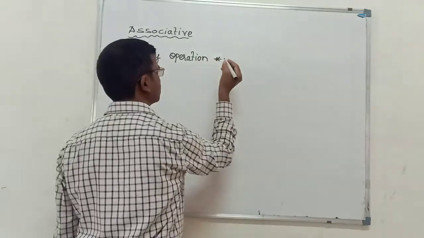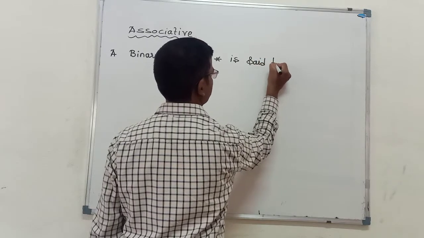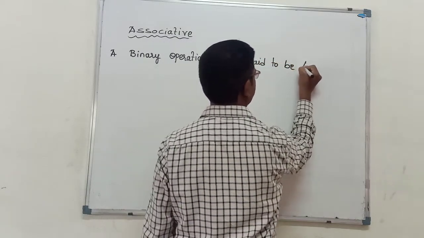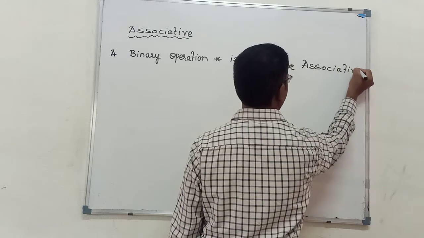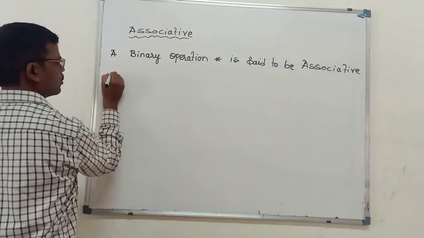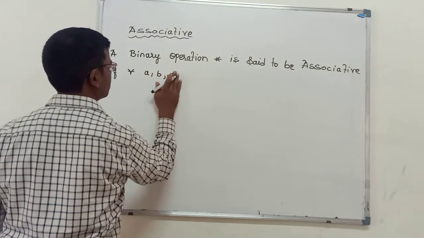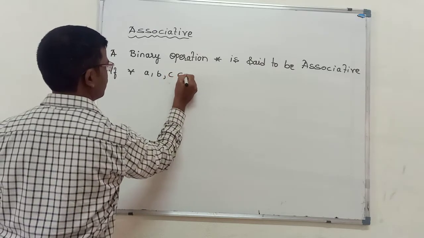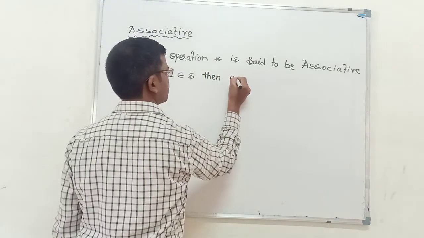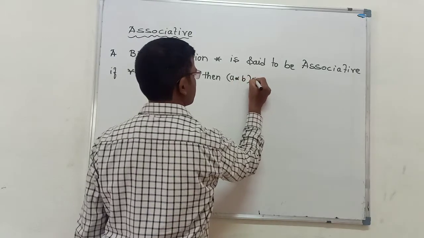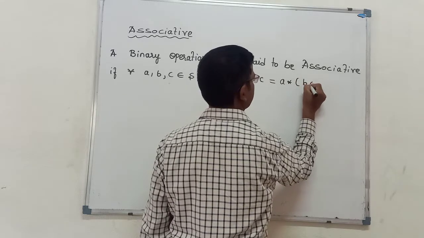Star is said to be associative if for all a, b, c belonging to S, (a star b) star c is equal to a star (b star c).